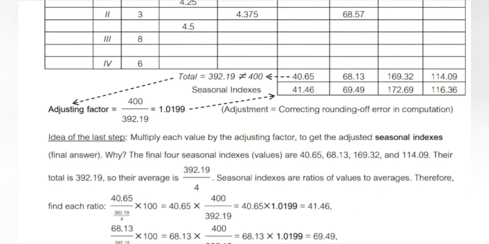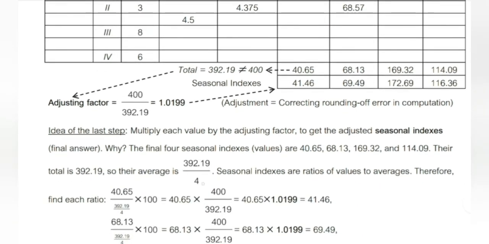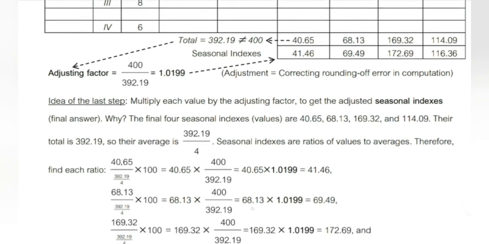So let's see the idea of the last step. The average is 392.19 by 4. So you find the ratio of each value to the average. 40.65 divided by the average, as a percentage of 100. Actually this is equal to, mathematically, 40.65 multiplied by 400 over 392.19.